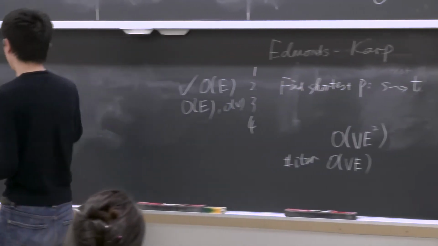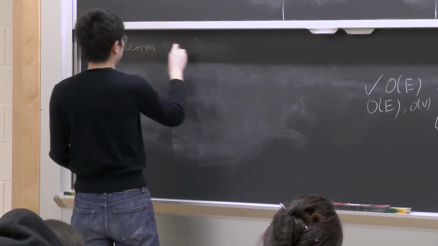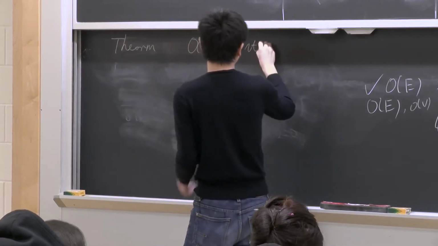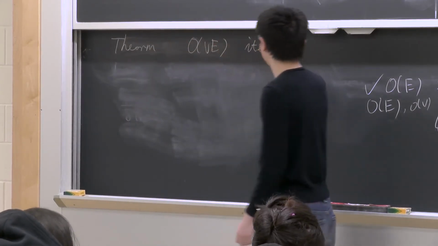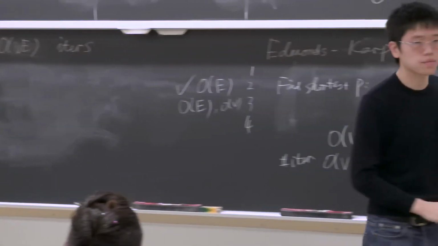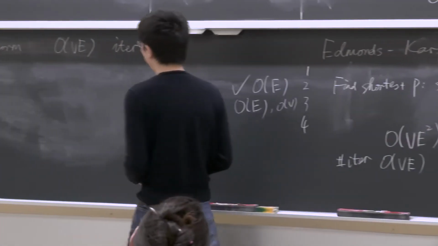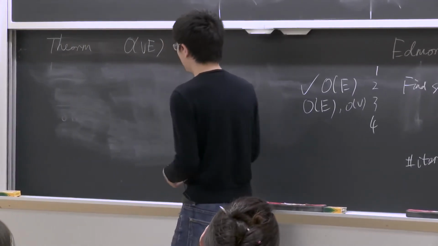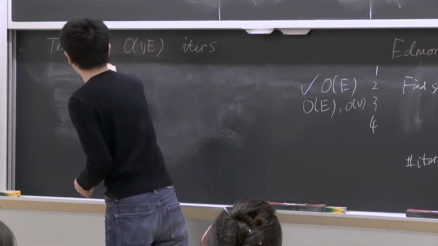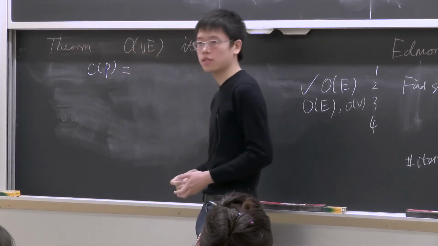Now here I'm going to show our final theorem, that we have at most VE number of iterations. So the way we're going to show that is we are going to define a capacity of the path. It must be the capacity of its weakest link.